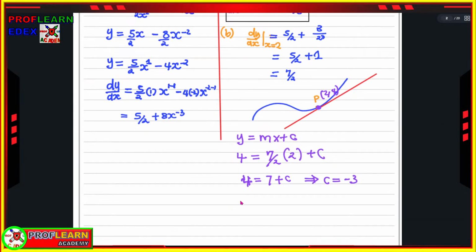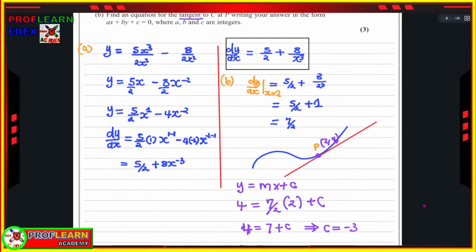Therefore, our equation will be y equals 7 over 2 x minus 3. But look at the format in which we were told to leave our answer.